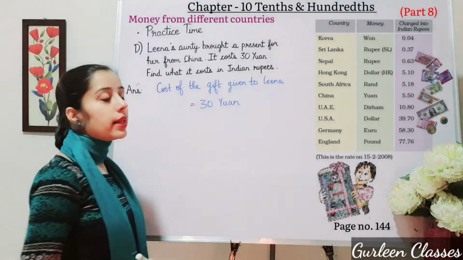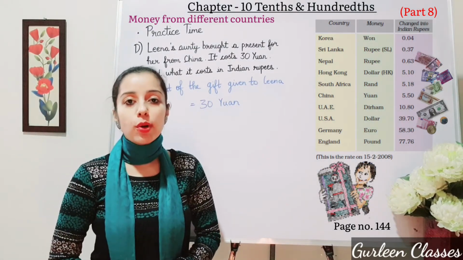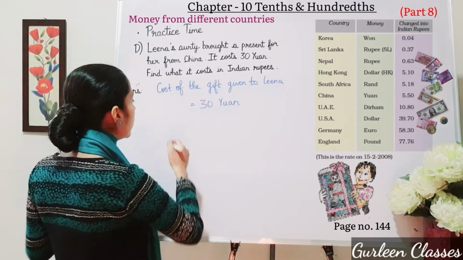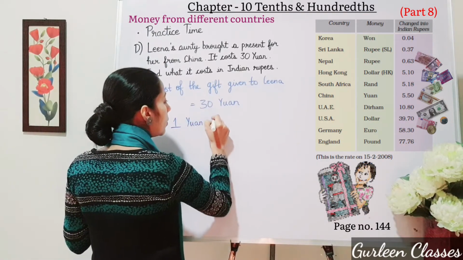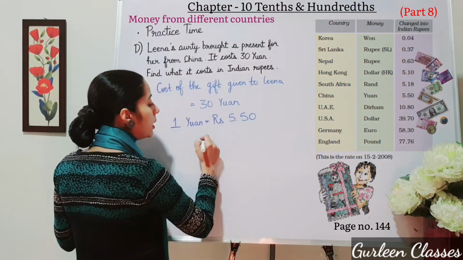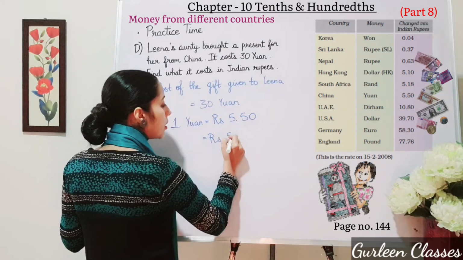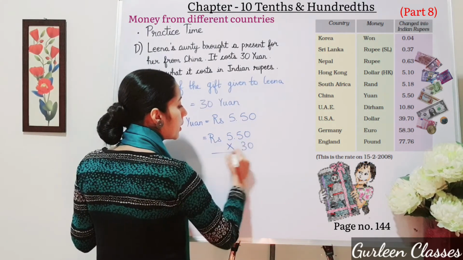We know that in this chart it is given 1 yuan is equal to rupees 5.50. So let us write here 1 yuan is equal to rupees 5.50. Now we'll multiply rupees 5.50 by 30.